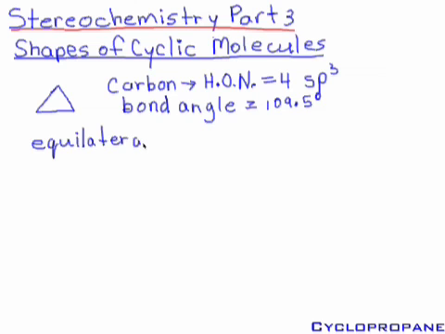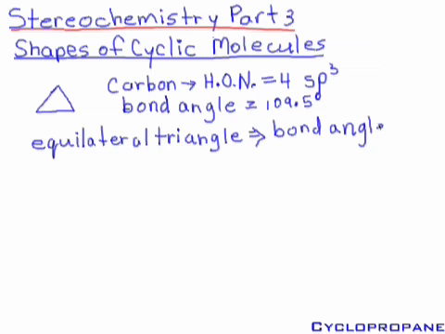And the angles in an equilateral triangle must add up to 180 degrees. Since this is 3 angles, if we divide 180 by 3, the actual bond angle gives us a bond angle of 60 degrees.